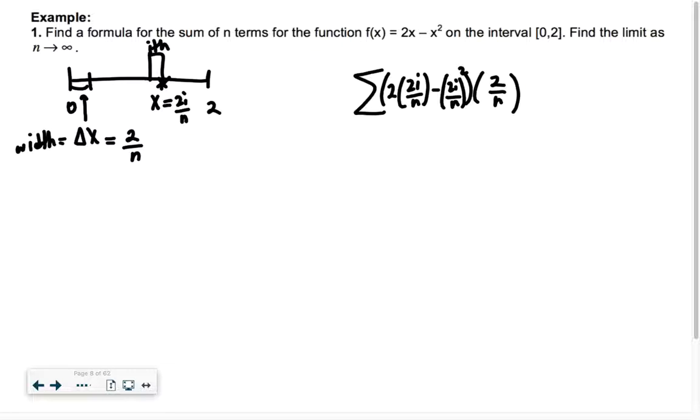Oh, I ran out of room. Do you guys see where that comes from? We have our function, and we're plugging in our x value into the function. So saying a generic ith rectangle, that would be for i equals 1, the first rectangle, i equals 2, the second rectangle, i equals 3, the third rectangle.